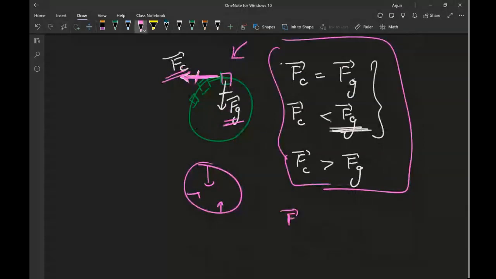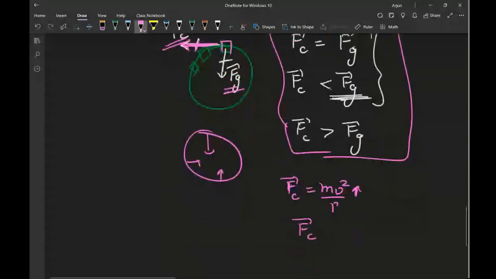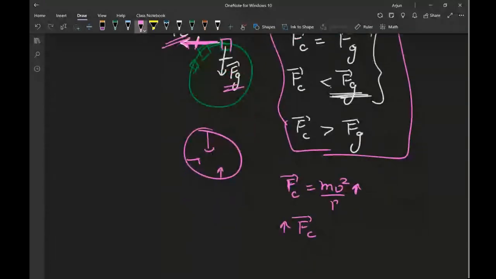Then Fc is equal to mv square upon r. So moving fast means v is more, so Fc value is more. Once you surpass the Fg value, your car will start skidding.